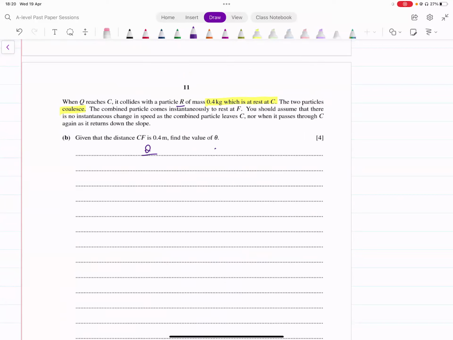अब Q और R को देखें, Q किस स्पीड में मूव कर रहा है बिफोर कोलिजन और आफ्टर कोलिजन। बिफोर कोलिजन Q की जो स्पीड है वो 10 है, हमने ऊपर फाइंड किया अभी। R जो था वो रेस्ट पे था, या R इज एट रेस्ट। आफ्टर कोलिजन क्या होता है, ये मर्ज कर जाते हैं, एक सिंगल ऑब्जेक्ट बन जाते हैं। Q का मास पहले कितना था?